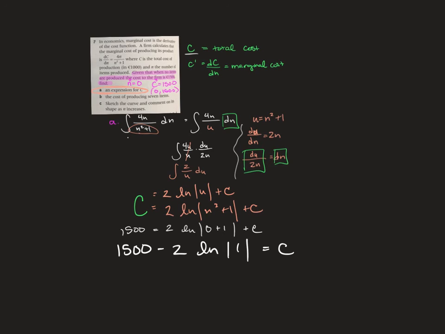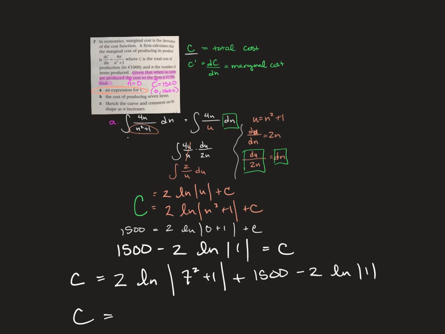So if we want to plug in 7 items there, then we would have c of 7 equals 2 natural log of 7 squared plus 1, plus 1500 minus 2 natural log of 1, and that gets us, I'm just using a calculator here, about 1507.82 is the cost of those.